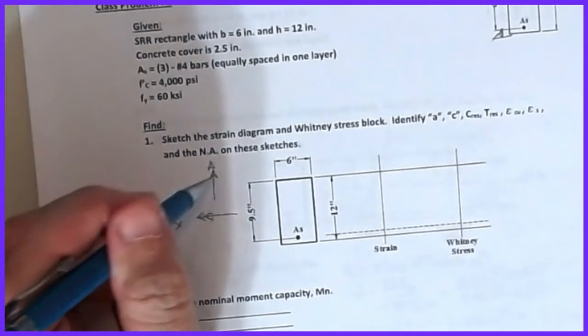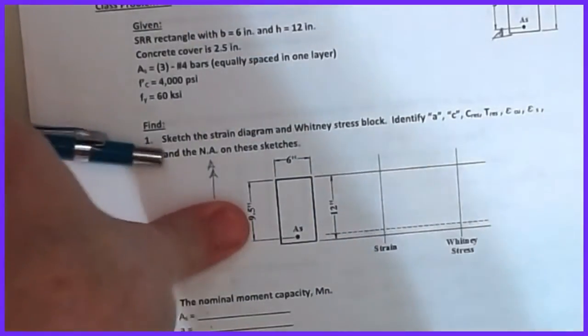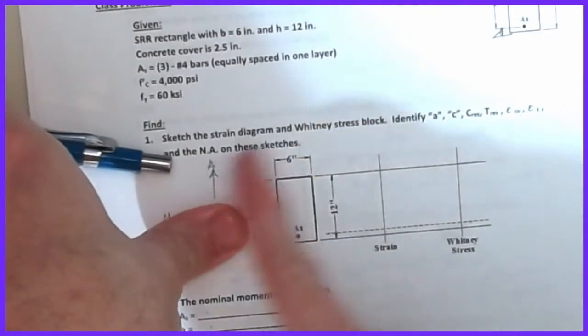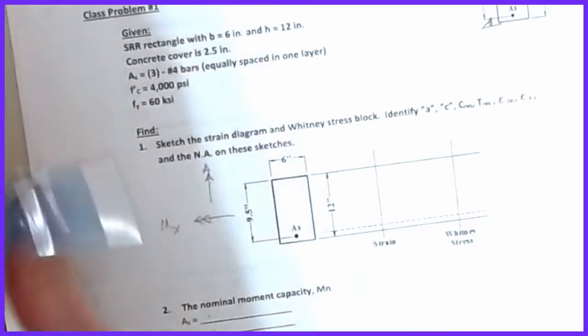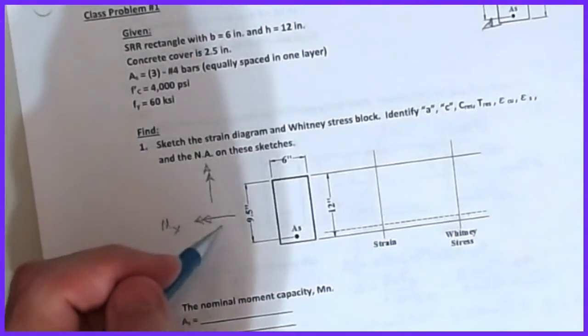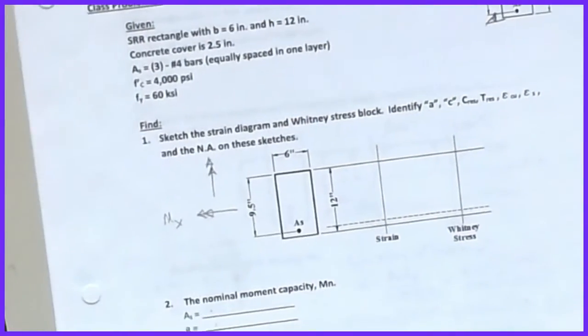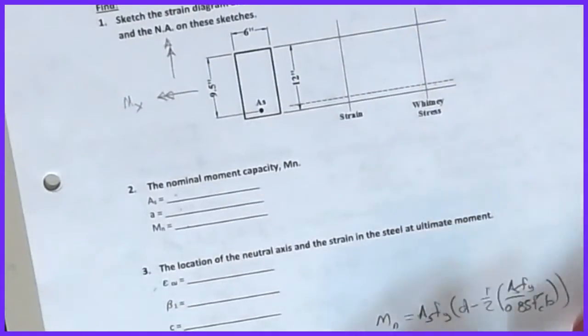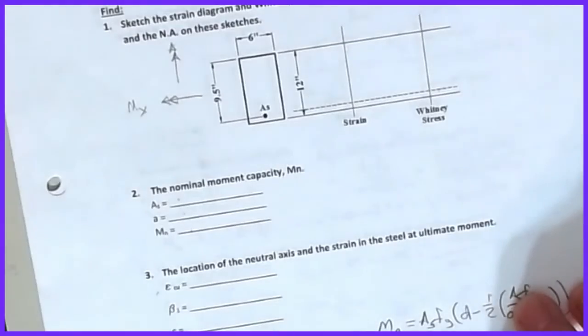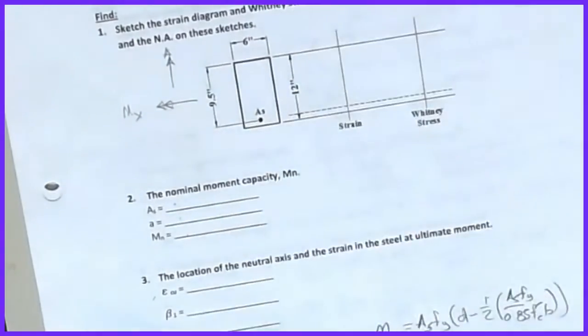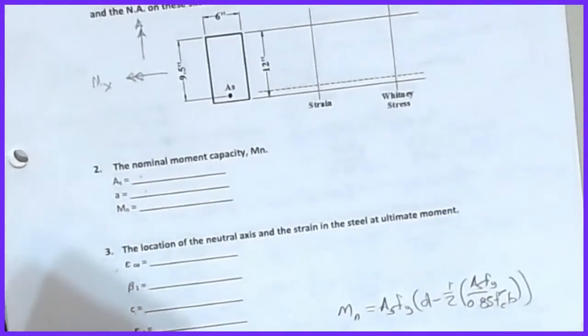If I have just that one, then it's easy. It's the same problem, just now my a is coming from this direction. But if I have both, now we've got a biaxial bending case, and with Whitney we've got to be a little bit more careful in our approach. But for just singly reinforced sections with a single direction moment, we're gold. We're good to go.